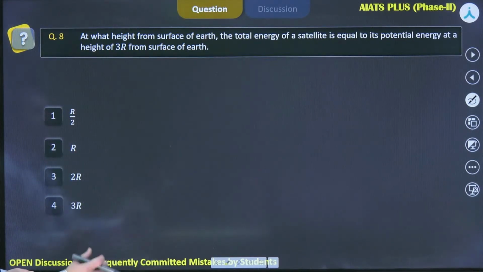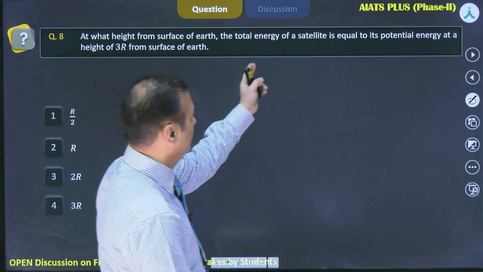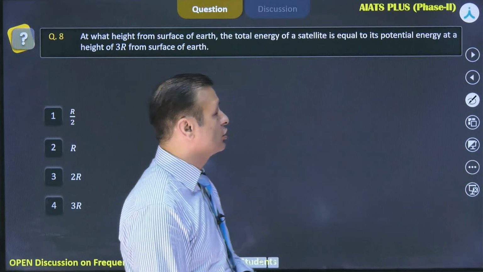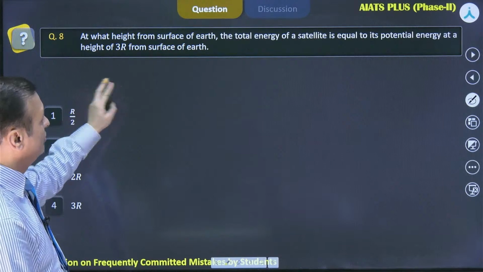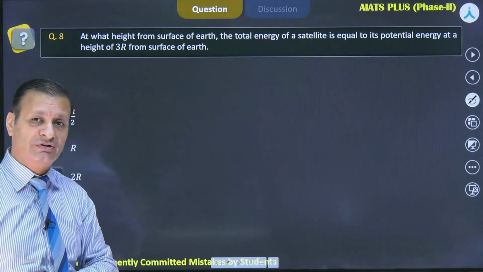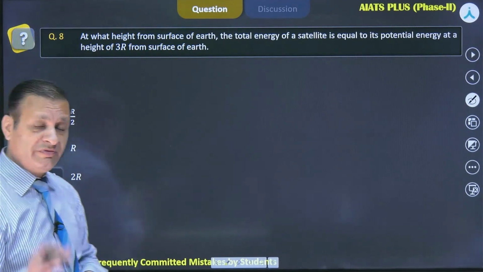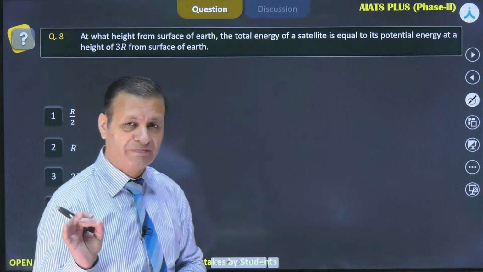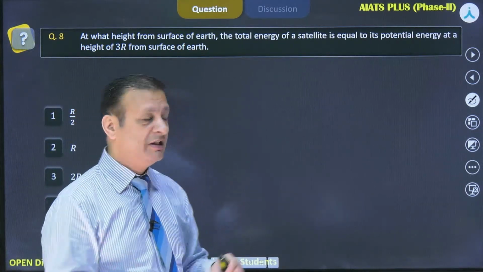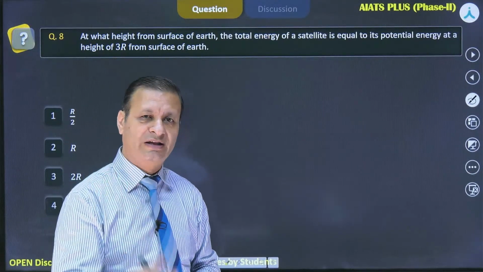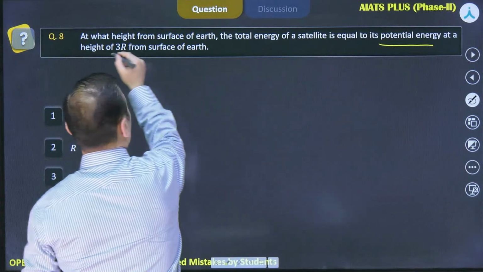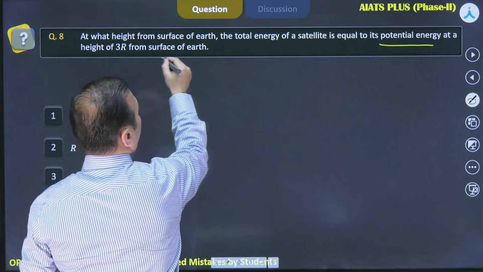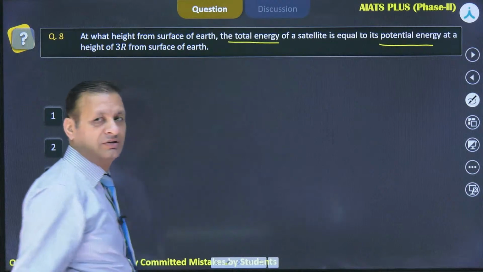At what height from the surface of Earth is the total energy of a satellite equal to its potential energy at a height of 3R from the surface of Earth? So first you read the statement well, understand it, then put the numerical values to solve it. So first we have two concepts, potential energy and total energy.